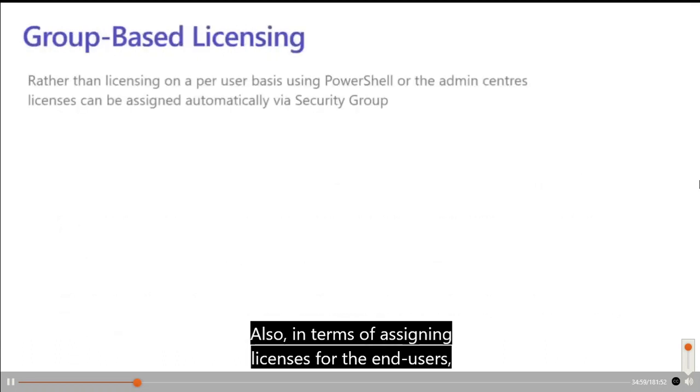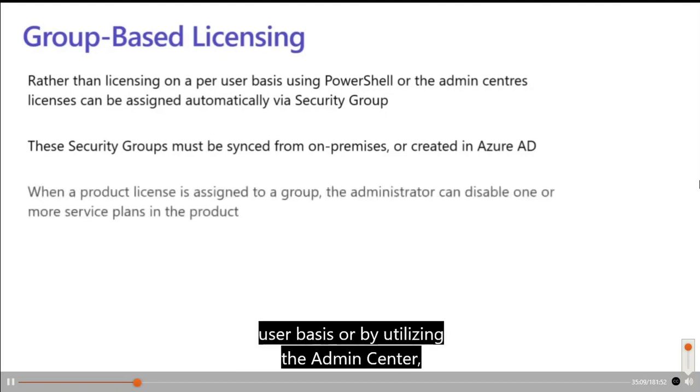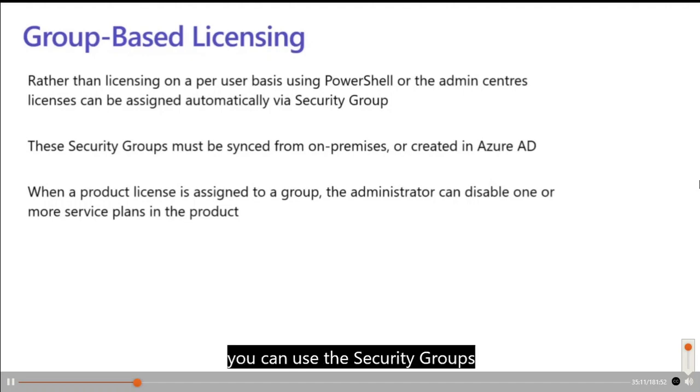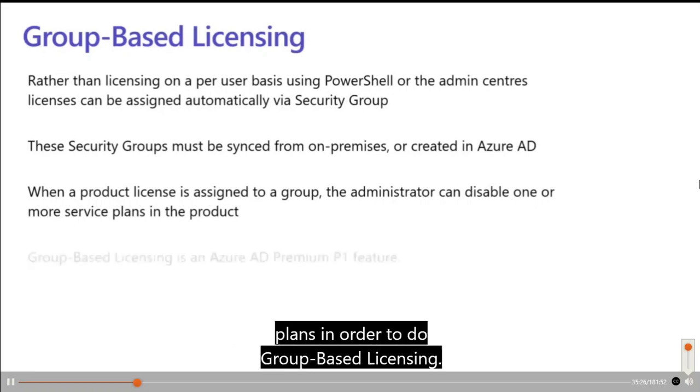Also, in terms of assigning licenses for the end users, rather than licensing on a per-user basis or by utilizing the admin center, you can use the security groups that are synced from on-premises and then assign those groups the required licensing rights or service plans in order to do group-based licensing.